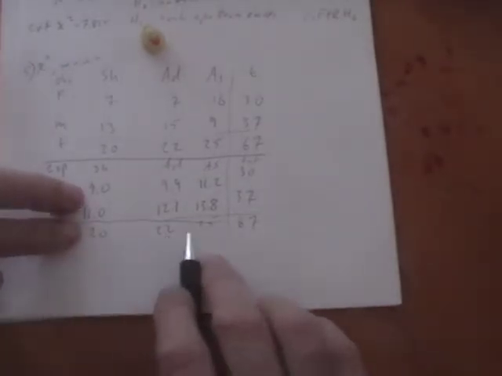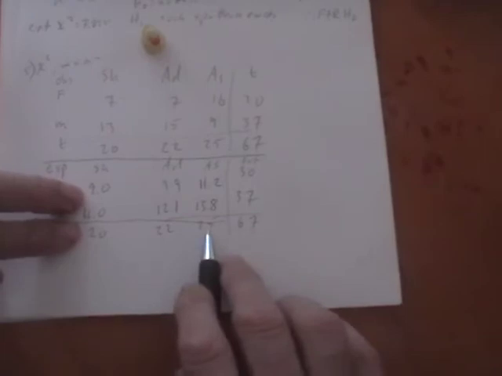Sometimes, and this is all because of rounding up versus rounding down, you'll notice that I did manage to make the columns all add up, but if I add across here, I would have ended up with 30.1. Where did the extra 0.1 come from? Well, I ended up rounding all three of these up.